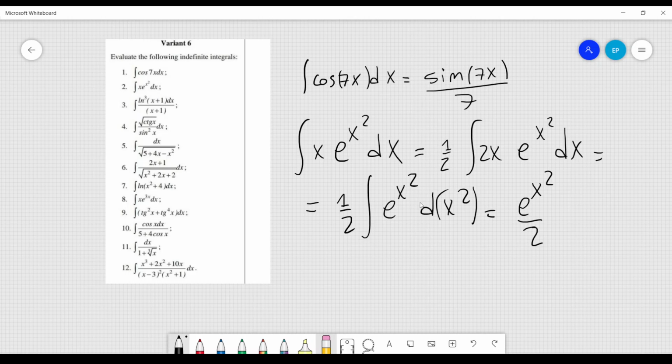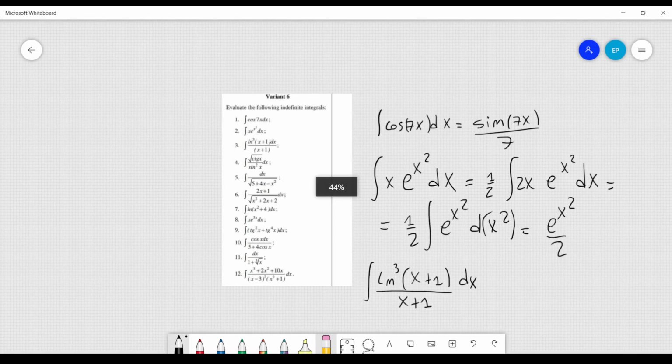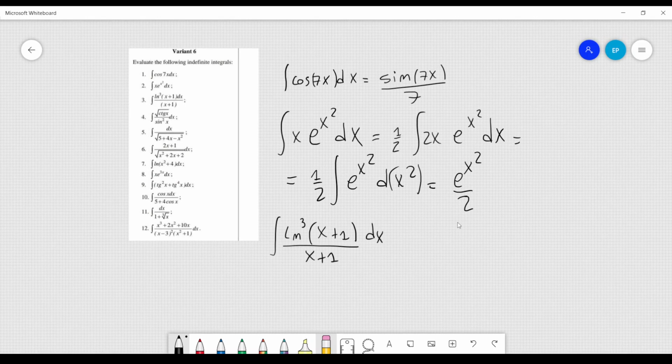Now let's do another one. Let's do the third one. We have the integral of the third power of the logarithm of x plus 1, divided by x plus 1, dx. This is also an easy integral because we can rewrite it like this. We have the function logarithm of x plus 1 cubed, multiplied by 1 divided by x plus 1.